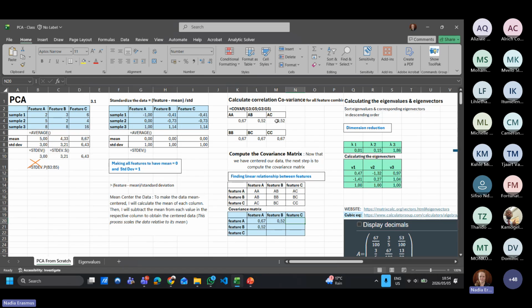Then we have A and C, 0.52 and 0.52. B and B, we got 0.67. B and C is 0.67, and C and C is 0.67. Okay, so this is your covariance matrix.